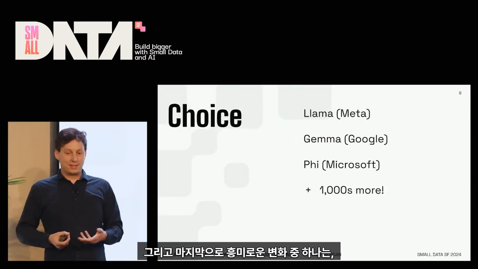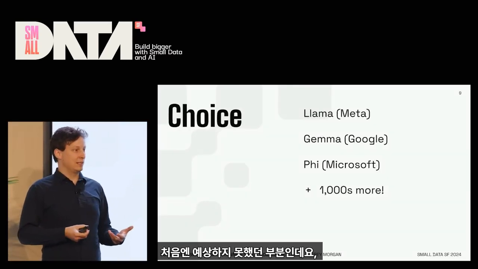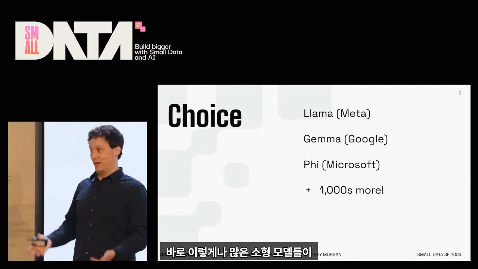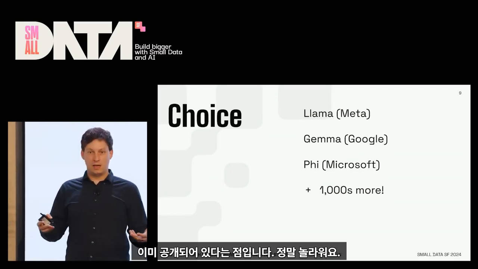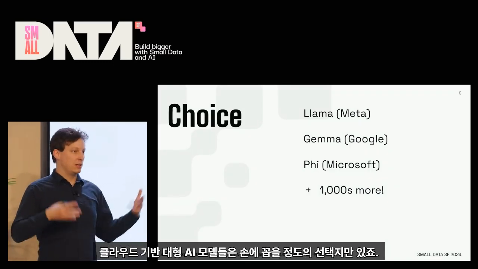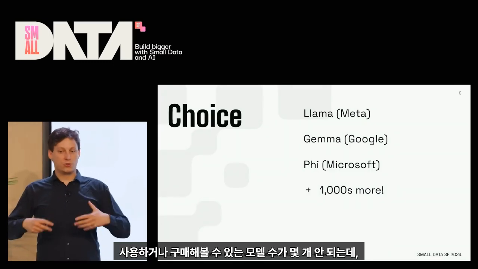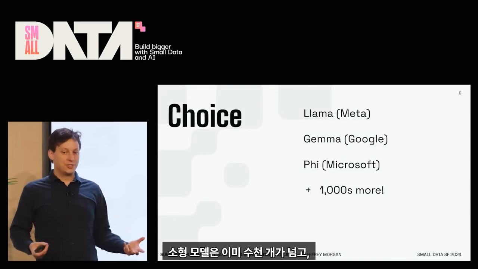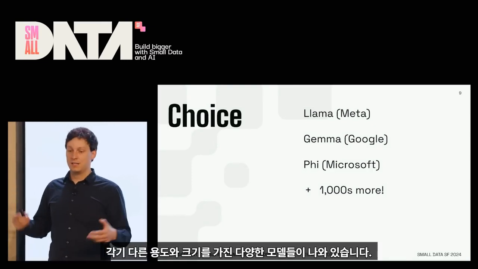And the last one that's an interesting development that wasn't totally expected is just how many of these small models are available. It's really incredible. For the cloud scale AI models, you can count on one hand from most companies how many you can buy or use or try. But there are already thousands of small models available, with different specialties and sizes.